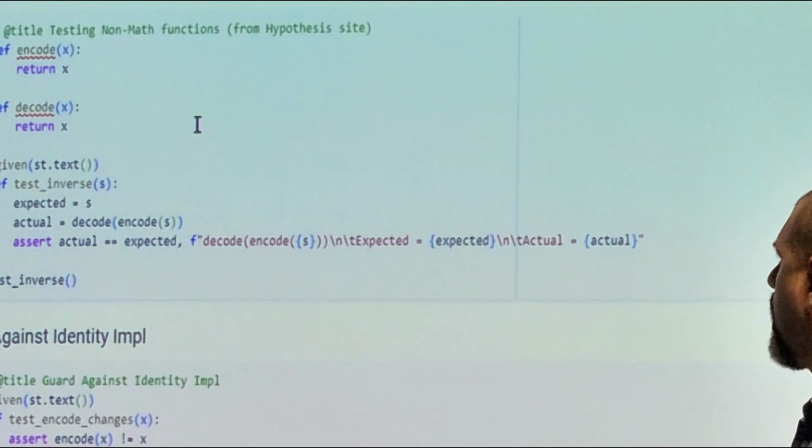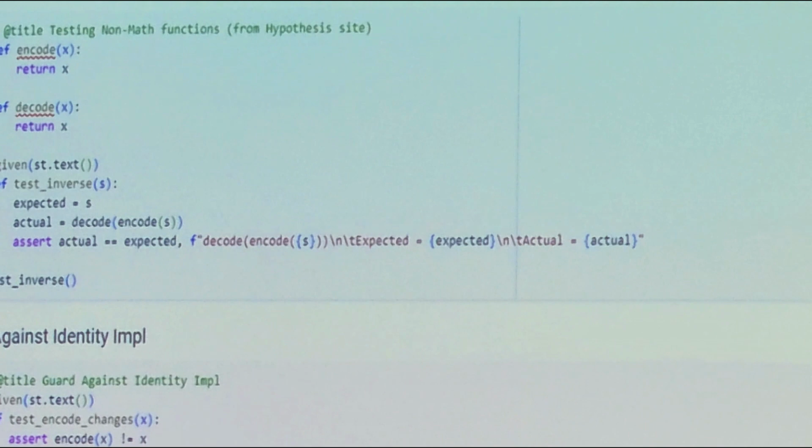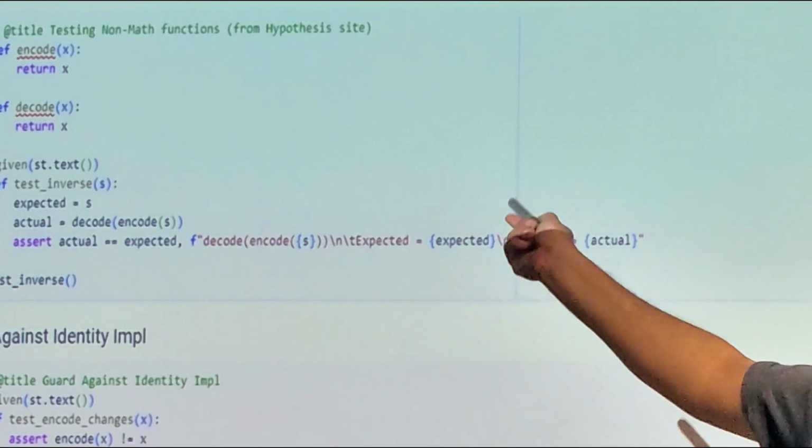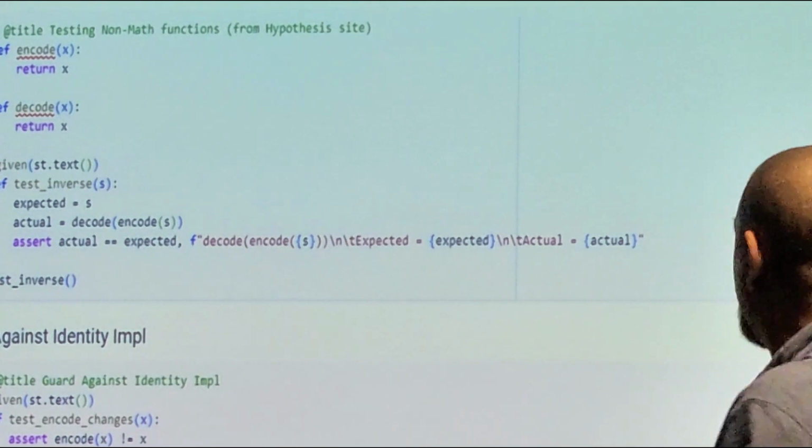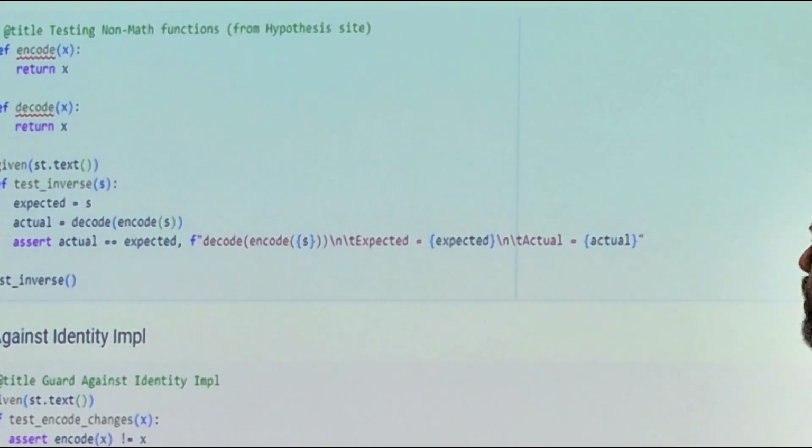If I run this, I'll give it some time. It works, but it's kind of crappy because this is just the identity function, right? Sure, it worked, but I just returned that.